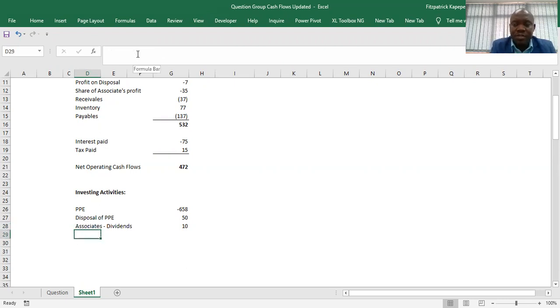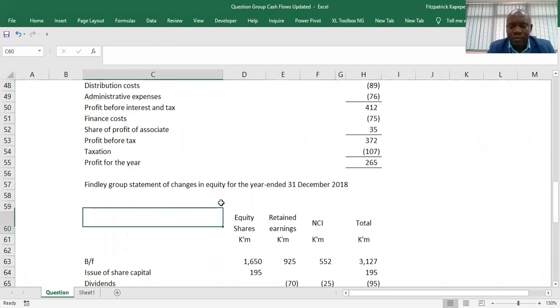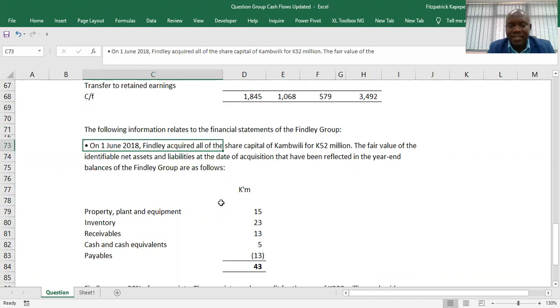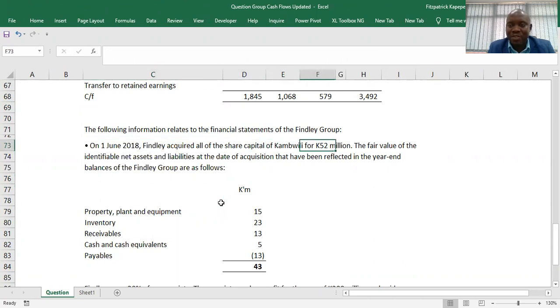Then also the acquisition of the subsidiary. So the acquisition of the subsidiary, guys, will come here. Listen very carefully. It shows how much was spent, 52 million.